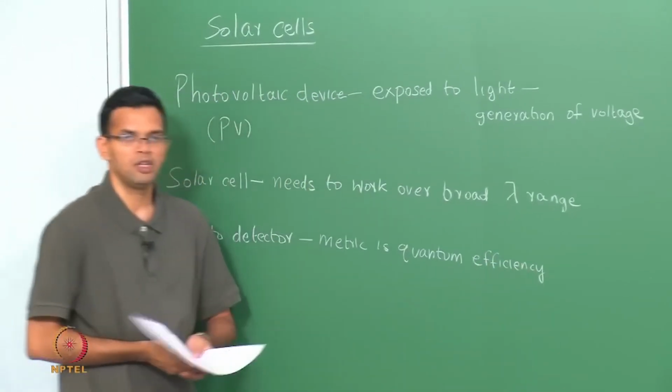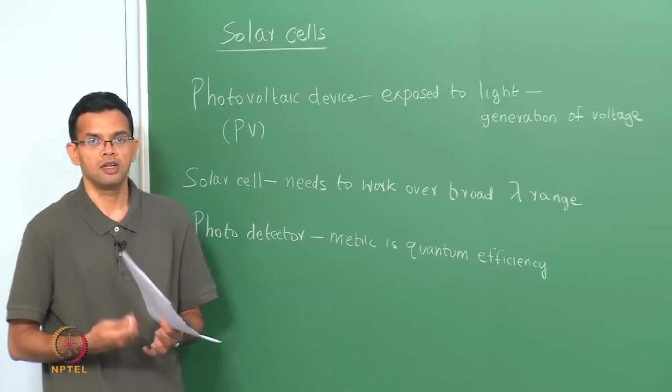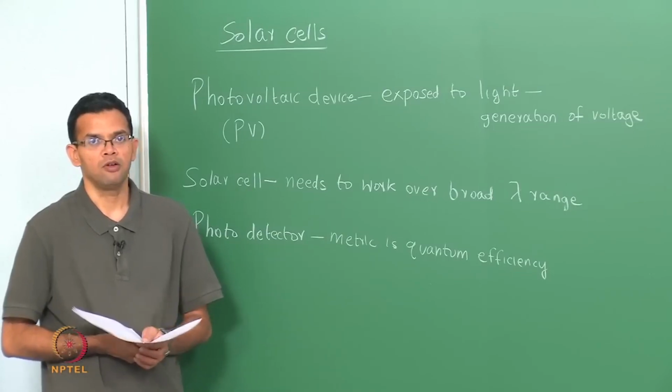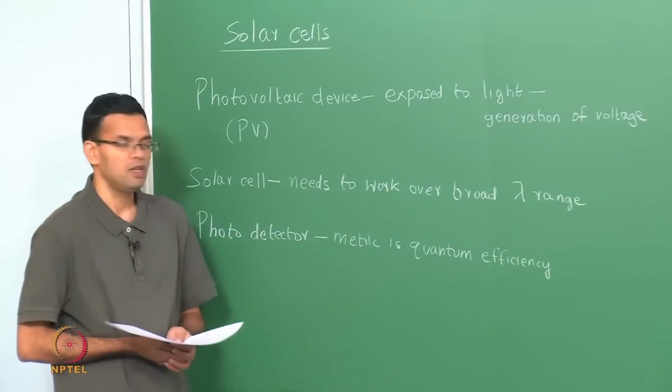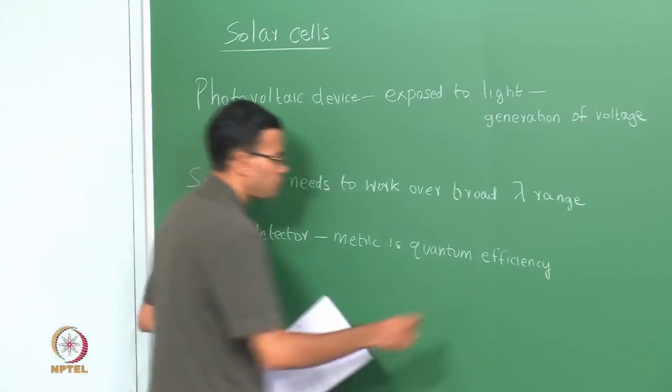We define quantum efficiency as the ratio of the number of electron hole pairs, or the current that is generated, to the number of photons that are incident on your sample. So, the quantum efficiency determines the signal to noise ratio.